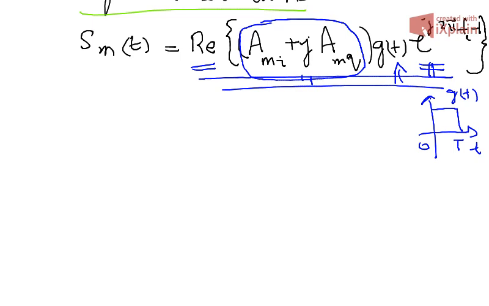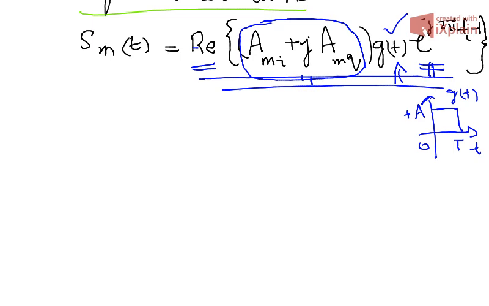Let's simplify this expression and find the real part of this one, which is the representation of our quadrature amplitude modulated signal.